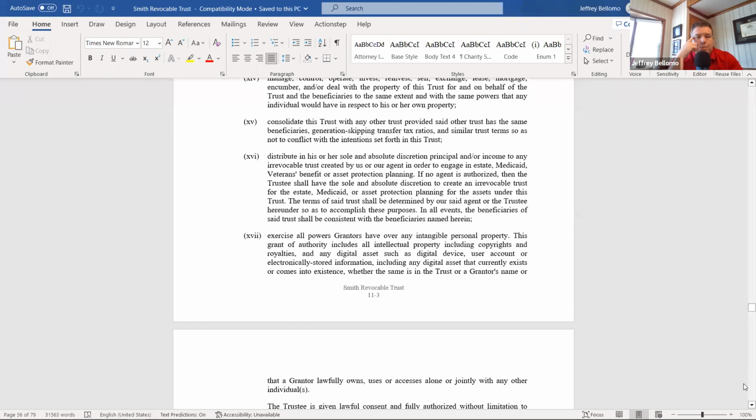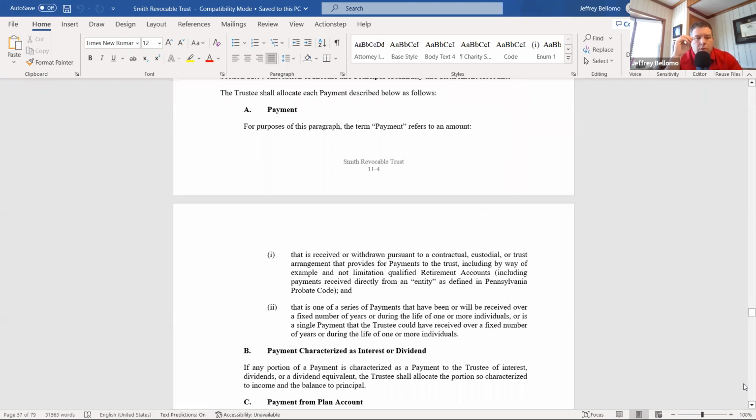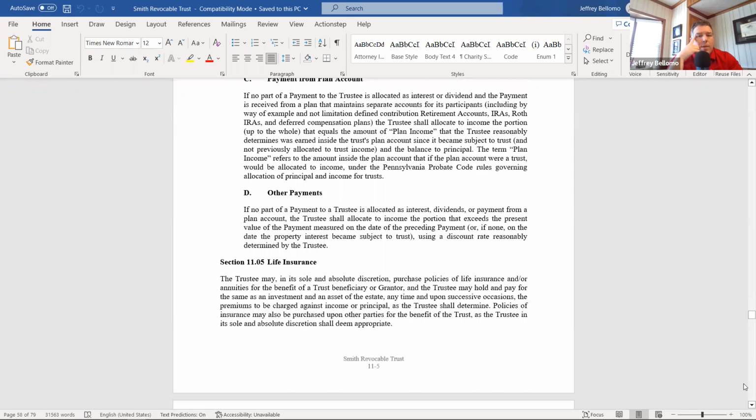Suffice it to say, anything and everything the trustee needs to do, they have the authority to do. As far as the allocations in regards to tax accounts go, we're following the Secure Act. We're doing everything that is set forth in the Secure Act to make sure we don't violate any provisions of that act. And you can purchase life insurance.